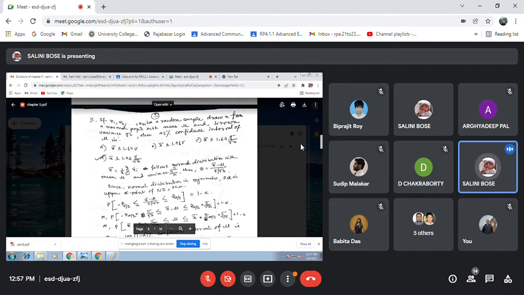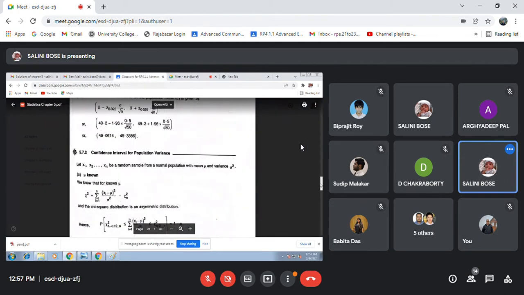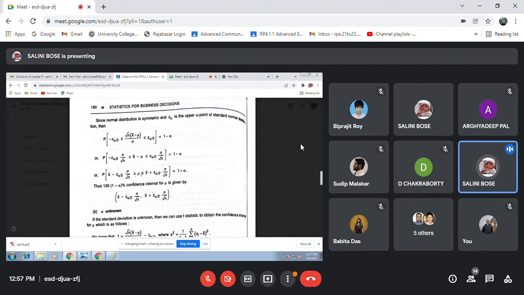Here sigma squared is known. So for sigma squared known, we can go for this equation, that is, mu lies between x bar minus z alpha by 2 sigma by root n to x bar plus z alpha by 2 sigma by root n.